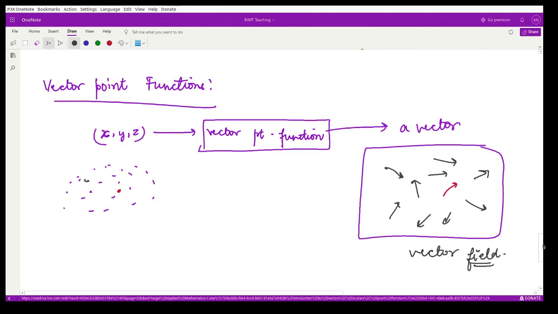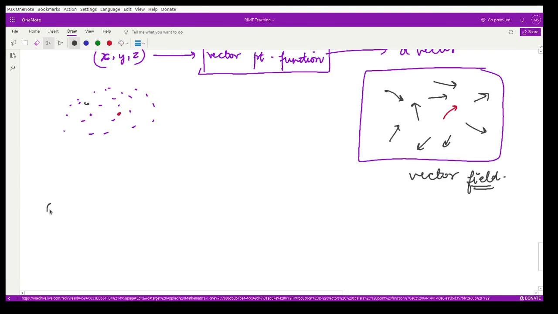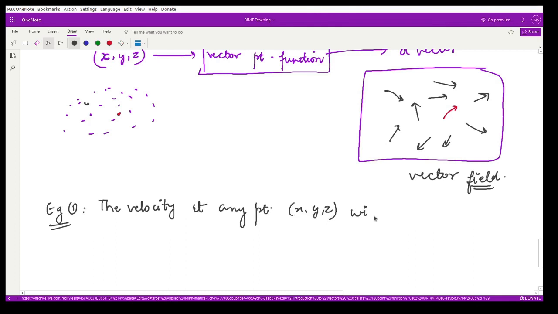For an example, suppose we are talking about the velocity at any point x, y, z within a moving fluid. Now fluid, because it is moving with certain magnitude and it has also some direction, so this is a vector quantity.